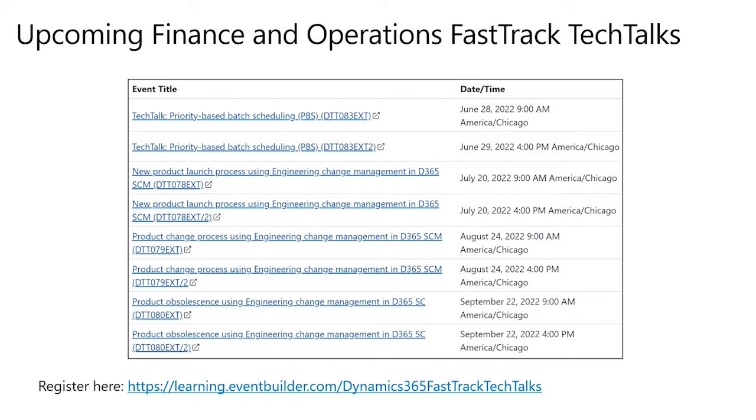There are also a few other ones coming up in July and August around engineering change management, which could be good to sign up for as well. The link to sign up for these tech talks is at the bottom of the slide.